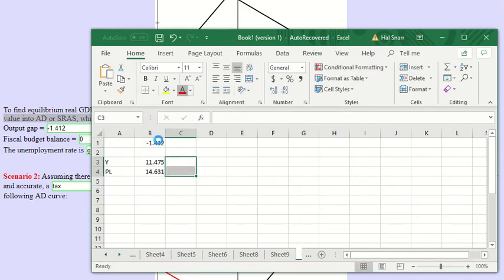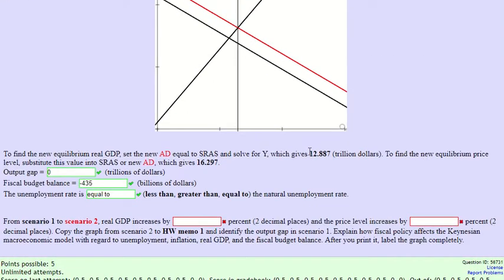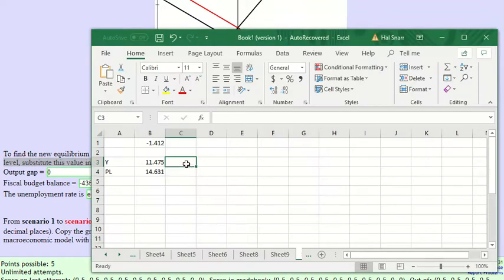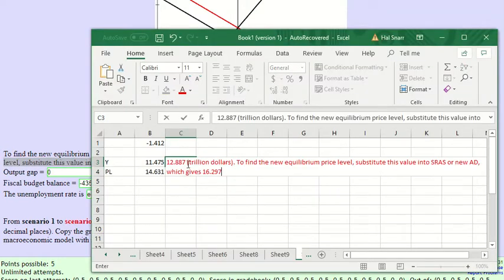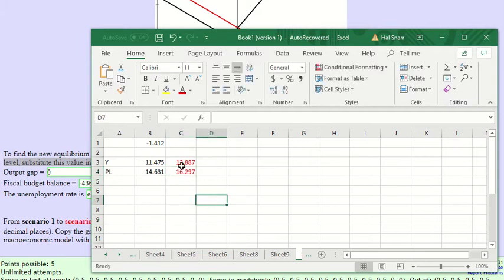And this is scenario 2. In scenario 2, we have GDP higher and the price level higher. Okay, so this is what it is, and this is what it was.